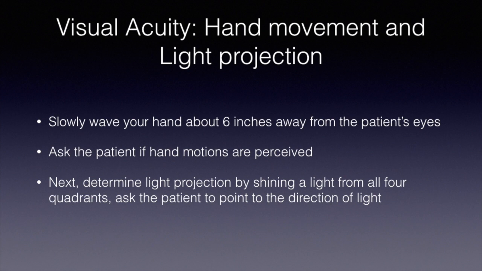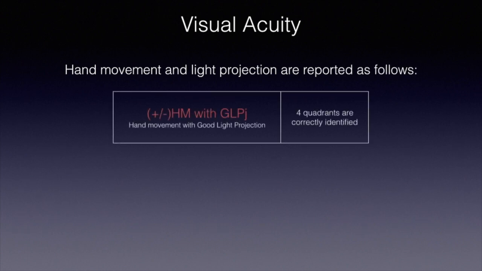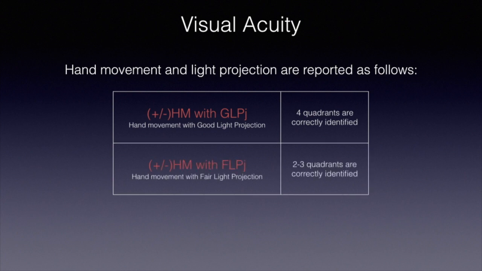This is followed by vision testing using light projection. Using a pen light, shine a light from all 4 quadrants. Instruct the patient to point to the direction of the light source. Take note of the number of quadrants that are correctly reported by the patient. The vision with hand movements and light projection is reported as follows.